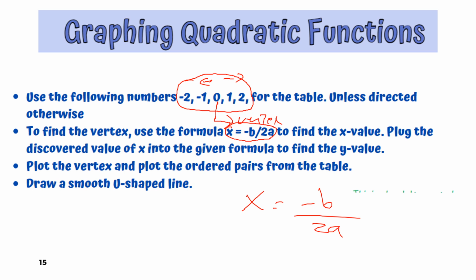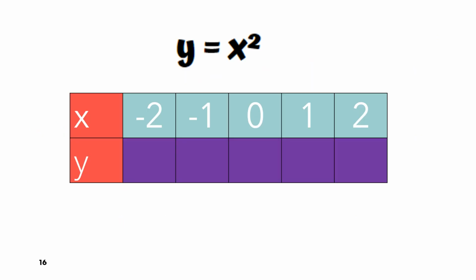So first thing is, once you make your table, you want to plot your vertex. Your vertex for this course is always your middle value. Then you plot the ordered pairs from the table and draw a smooth U-shaped line. Okay, we're looking at y is equal to x squared.